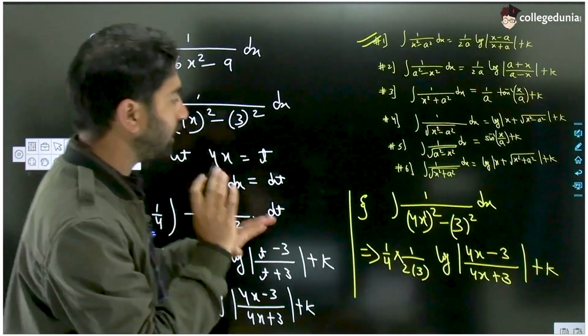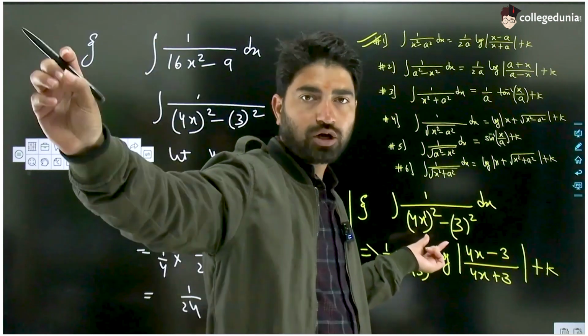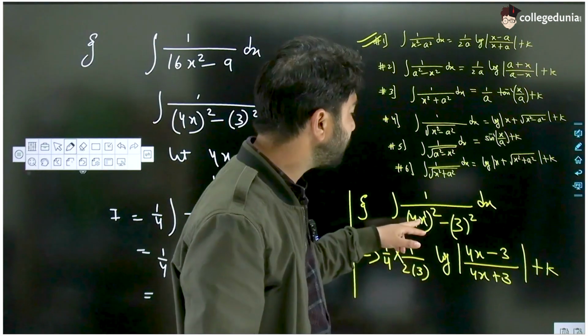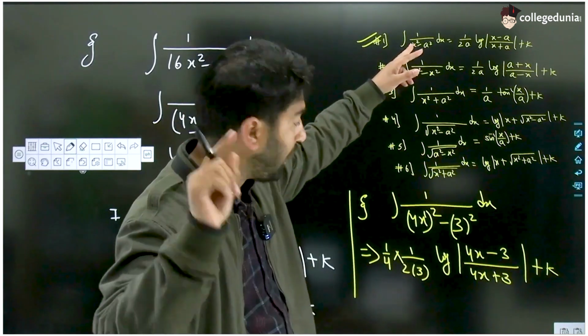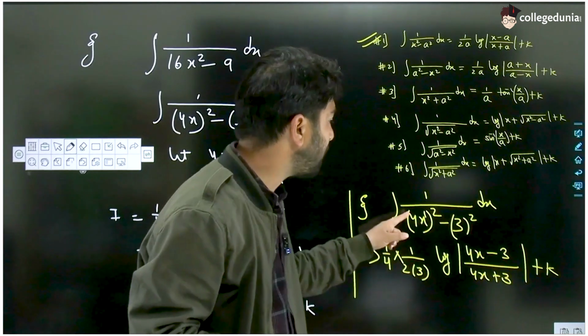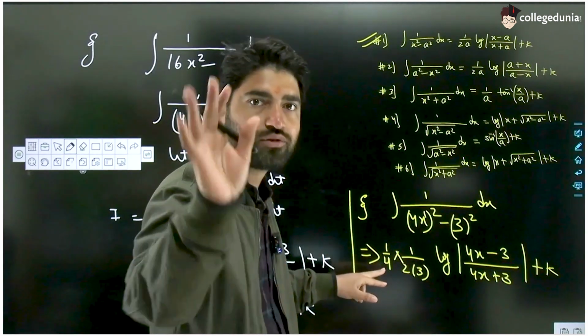Similarly, if inside the bracket the variable part looks like a linear polynomial, then we can consider it as x, and after applying the formula, we will have to divide the entire answer by the derivative of this linear part. The derivative of 4x is 4, so we divided by 4.